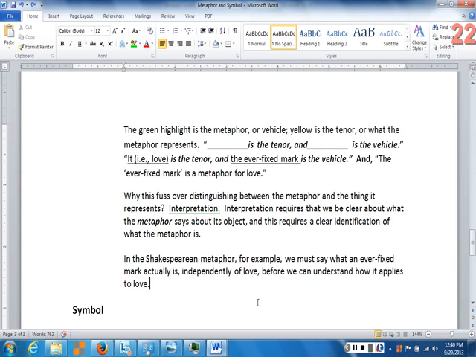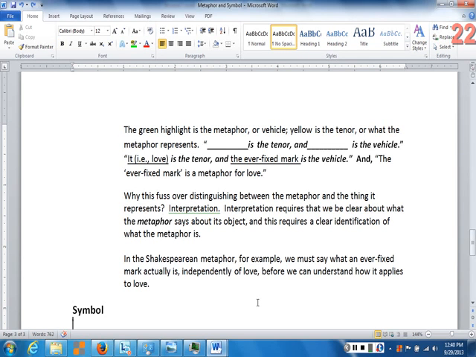Love can guide our lives. Love can guide us in the right way, and so on. You see, now what I'm doing is I'm interpreting, aren't I? I'm taking that metaphor and saying, this is what I think the metaphor is telling us about love. Now I'm in interpretation. But I cannot do that unless I am clear about what the metaphor itself is.